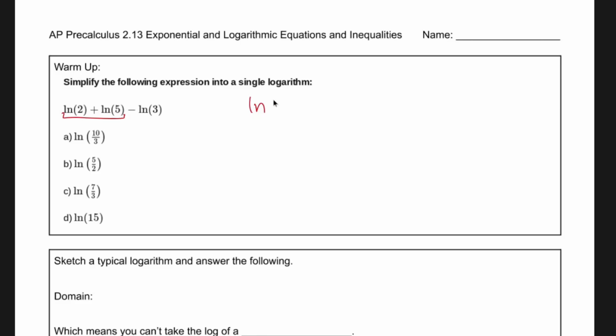So that becomes ln of 10. And then you have minus ln of 3, lingering like an awkward friend at a party. Now, when you subtract logs of the same base, or ln's, you divide the insides. So this becomes ln of 10 divided by 3, which is going to be you, Mr. A, or Ms. A, or Mrs. A.